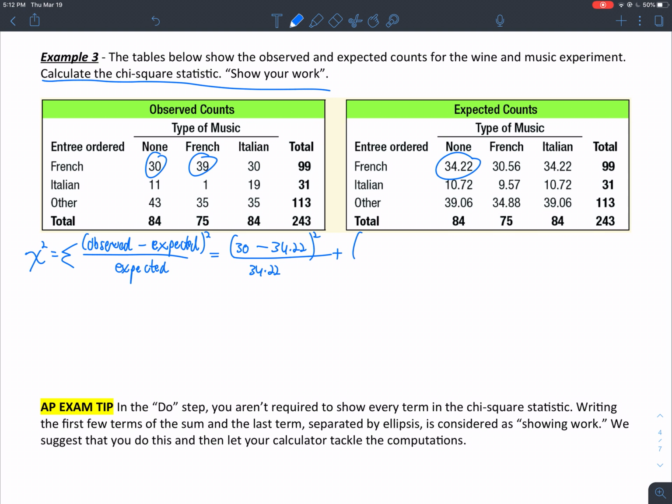So we do 39 minus 30.56 squared over 30.56 plus, and then do some ellipses and do maybe the last one. The last one would be 35 minus 39.06 squared over 39.06. This is totally sufficient to show people what's going on.